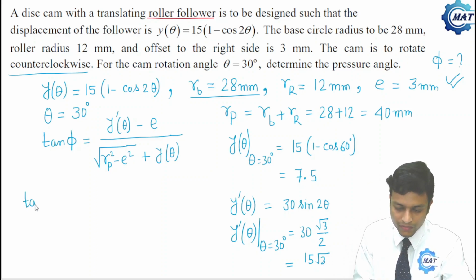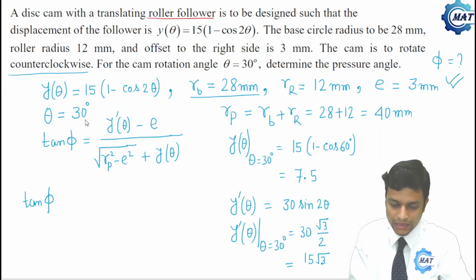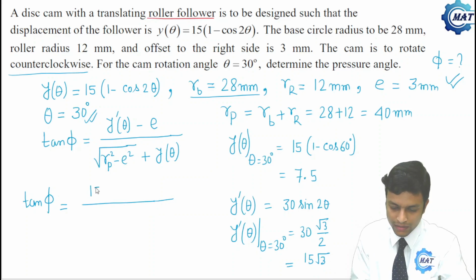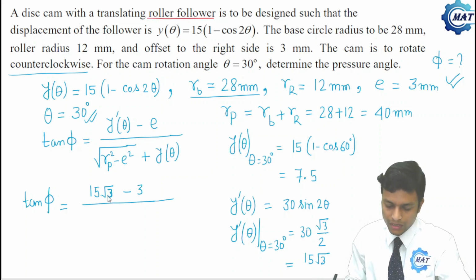Now let us find the value of phi corresponding to theta equal to 30 degrees. So y prime theta minus e is 15 root 3 minus 3.